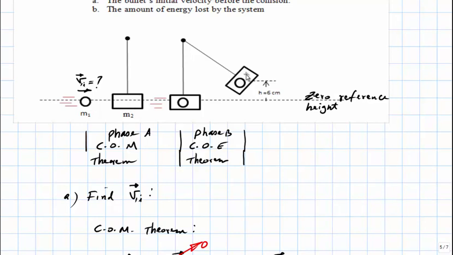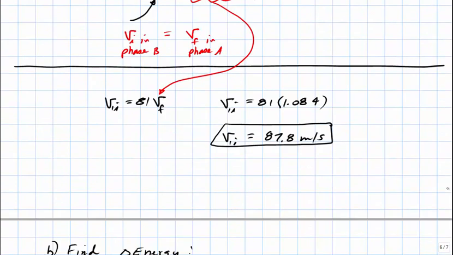Let's consider the system's final energy content. Now, this diagram represents the system in its final state. And we can note that the system is not moving because it reached maximum height, and so there's no kinetic energy. However, the system is elevated by 6 centimeters above the zero reference height. Therefore, the system has gravitational potential energy, and we're going to consider both of these energies in our analysis.